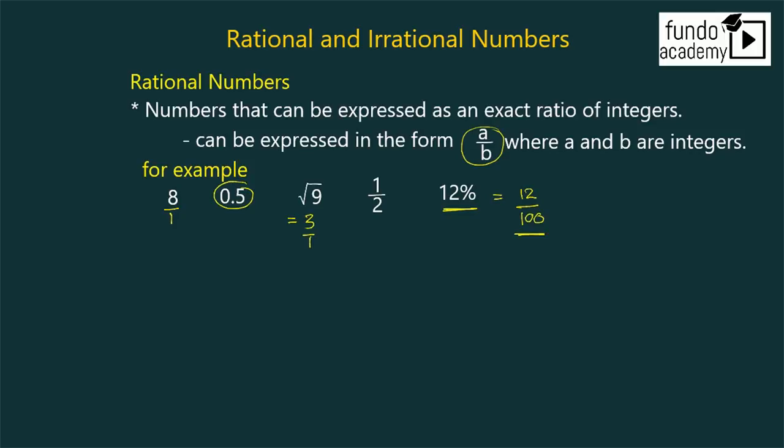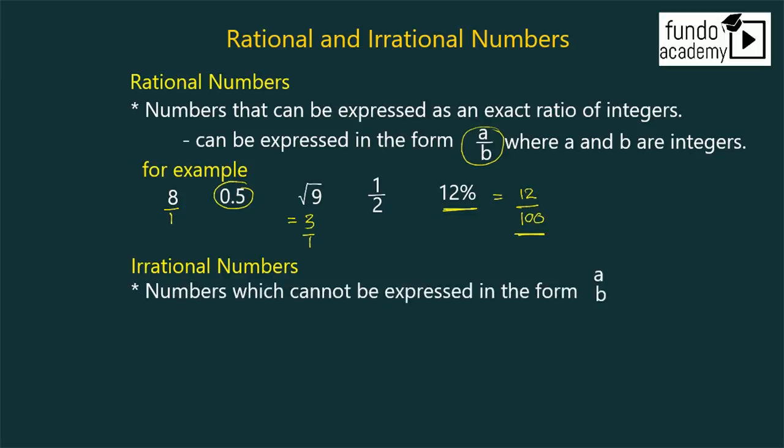Okay, so let's look at irrational numbers. Maybe if we learn what irrational numbers are, we can understand better what rational numbers are. Irrational numbers are different, or opposite, to rational numbers, because these are numbers which cannot be expressed in the form a over b, where a and b are integers.